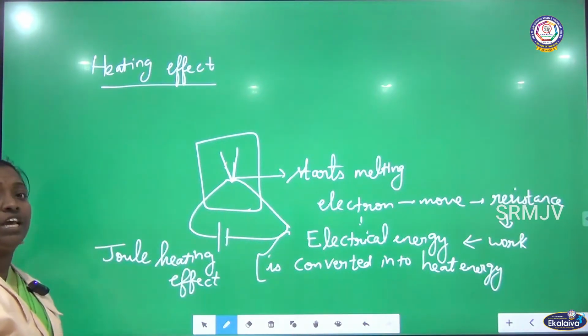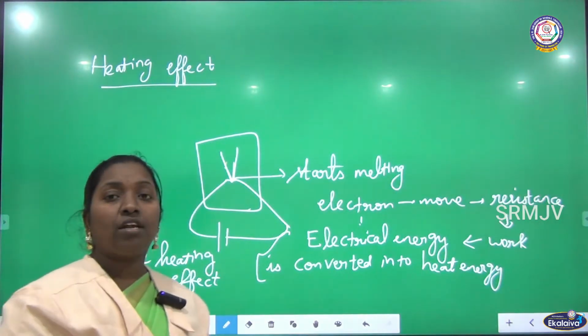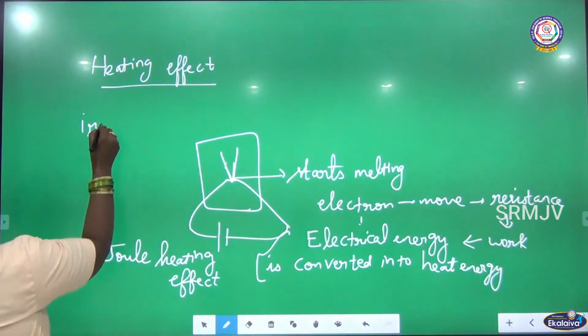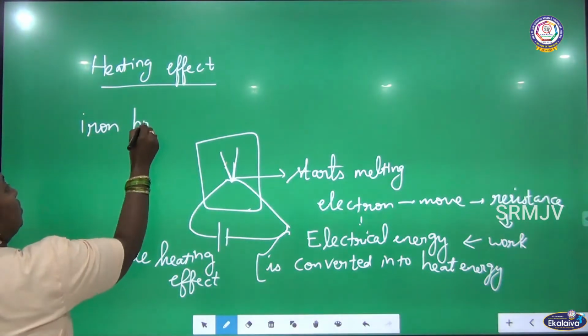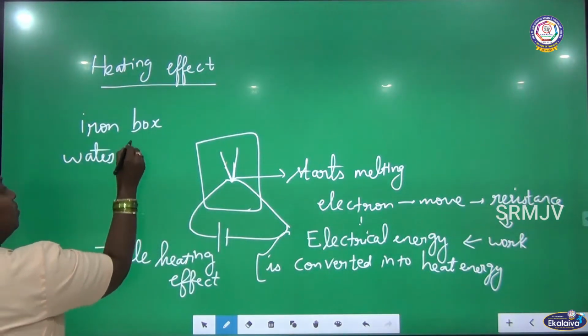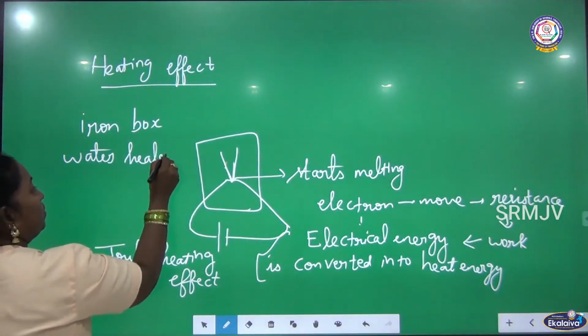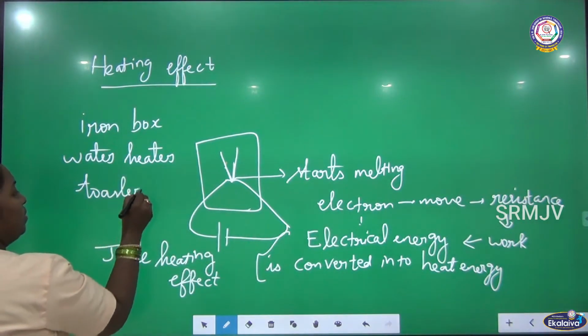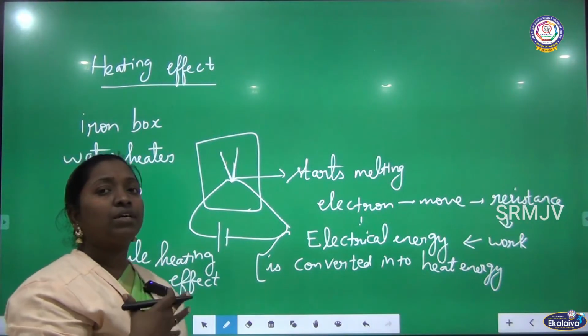Based on the Joule heating effect principle, there are appliances that work, such as iron box, water heater, toaster, etc.